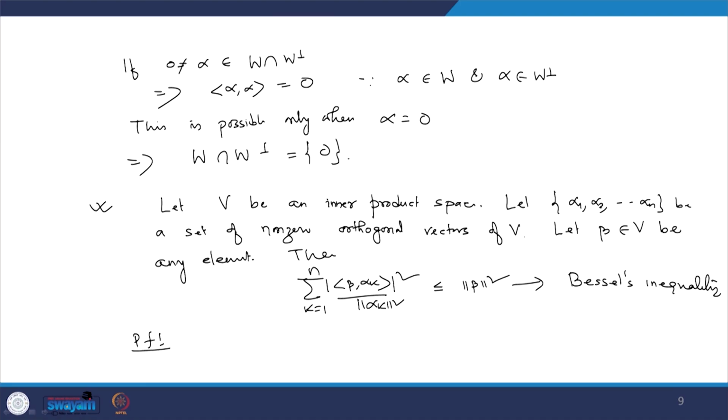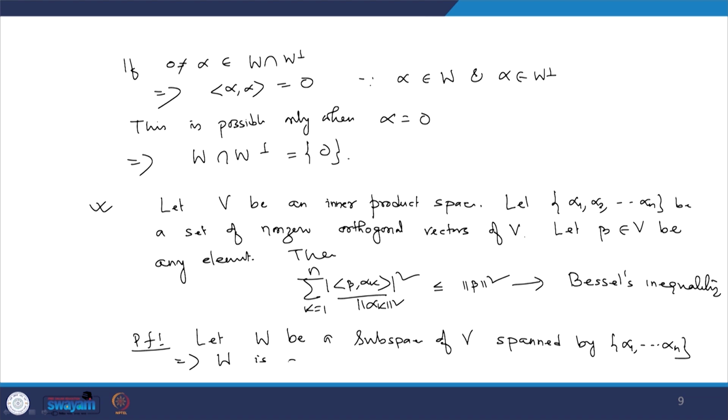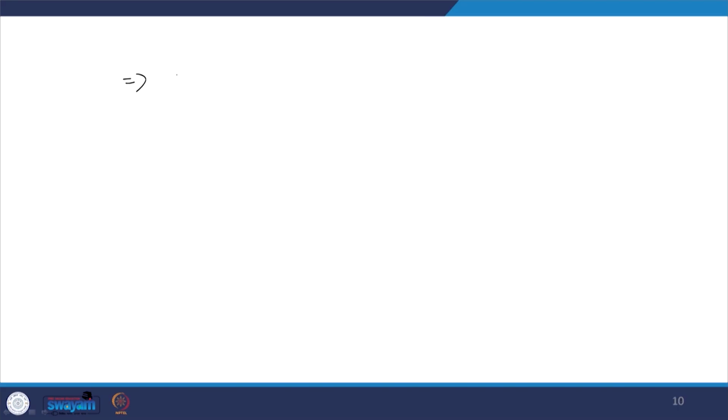How? The proof is again straightforward. Let W be the subspace of V spanned by your given orthogonal vectors alpha 1 to alpha n. So, this implies W is a finite dimensional subspace of V. This implies V can be written as the direct sum of W and W complement.